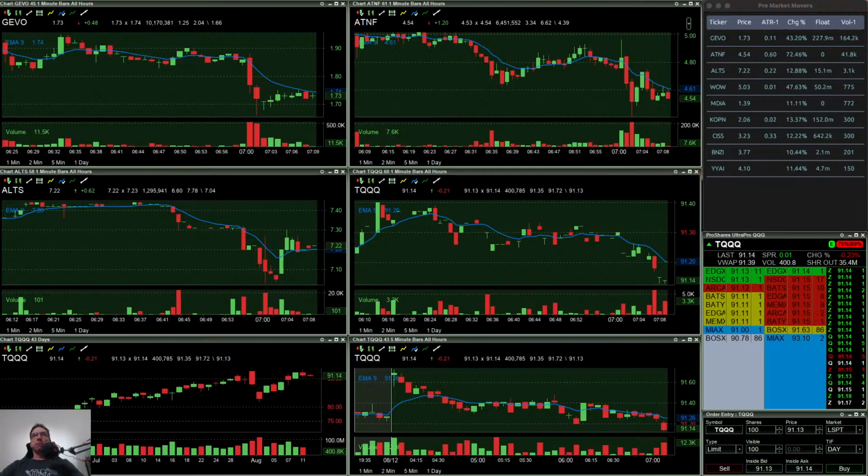I changed up my platform a little bit. I put the scanner here on the right because it was over there to the left, and I was mainly focusing in the center here. So I needed to have the scanner right here.